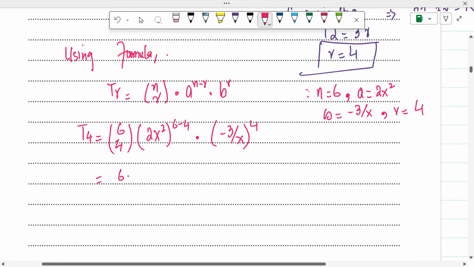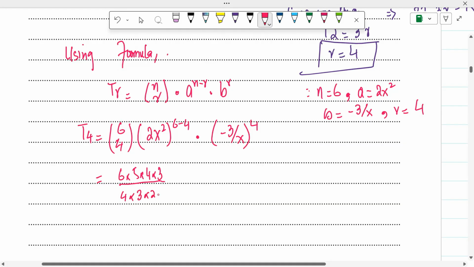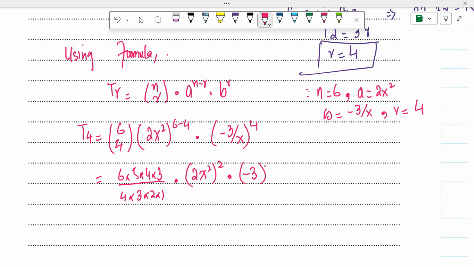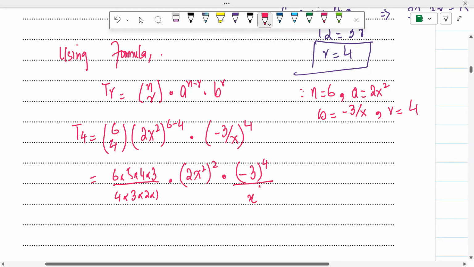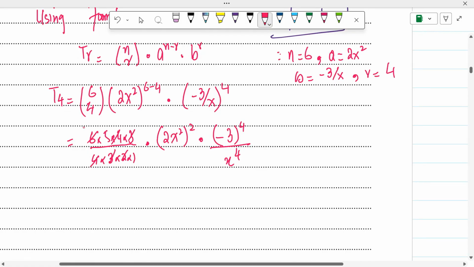And this is equal to (6 × 5 × 4 × 3)/(4 × 3 × 2 × 1), times (2x²) to the power of 2, times (−3) to the power of 4 over x to the power of 4. So this will be cancelled out, this will be cancelled out, and this is equal to 3.